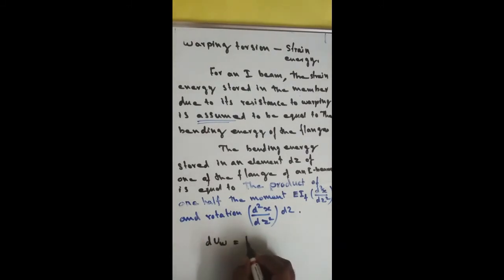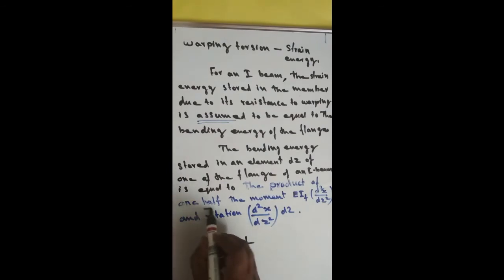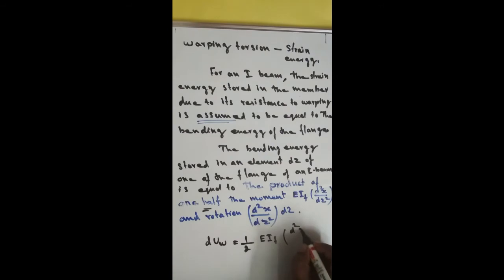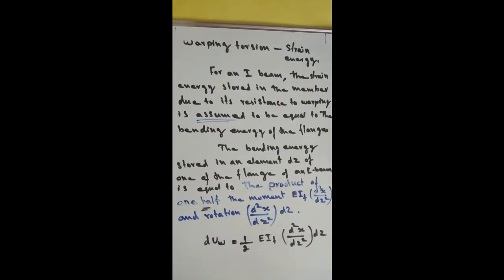Now dU_W is equal to half times E I_F into d squared x divided by dz square into dz. This equation is called equation number 6.